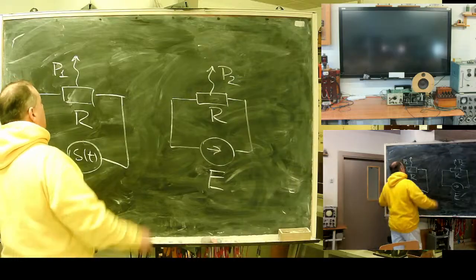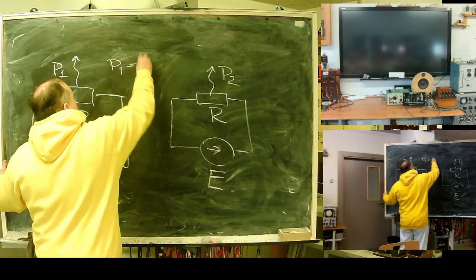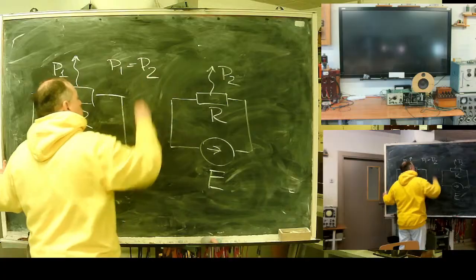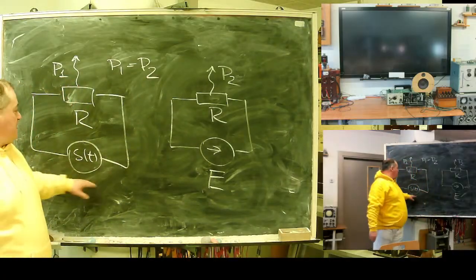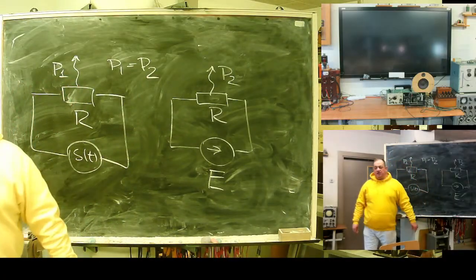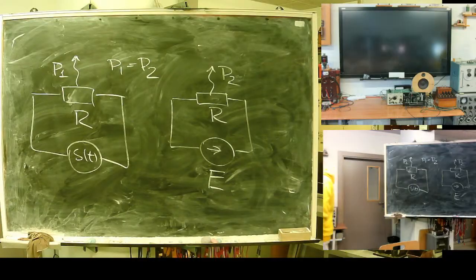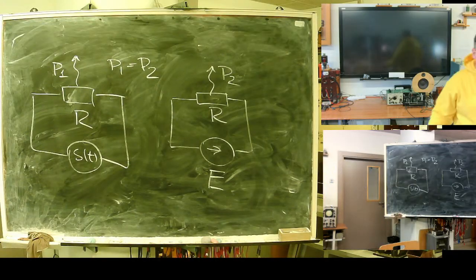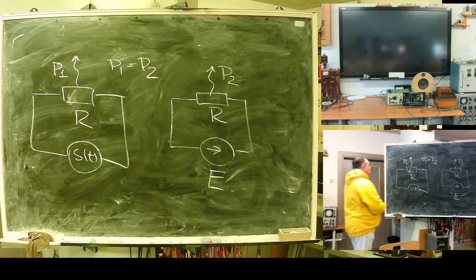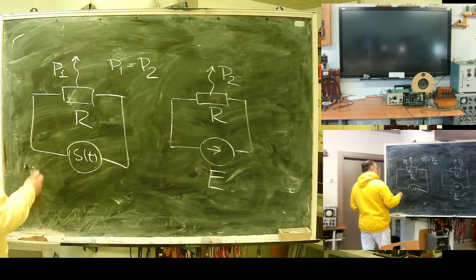So I can say that if P1 equals to P2, E is a kind of value or weight for my signal. Is it reasonable? In meaning of energy. If they produce as much heat energy as one another, they are equal in terms of resistance heating. Understand?